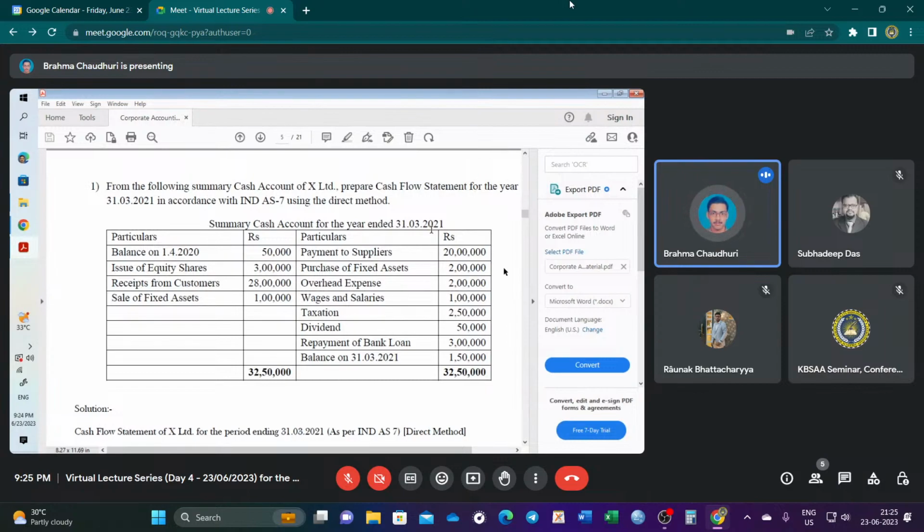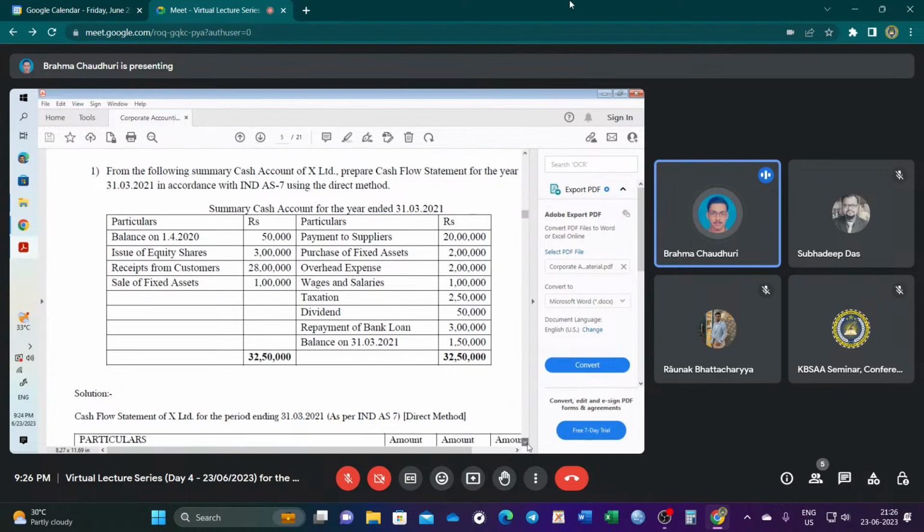Wages and salaries paid, again day-to-day operating activities. Taxation paid, again day-to-day operating activities. So these are all cash outflows. So we have identified the cash inflow, receipts from customers, and the cash outflows, payment to suppliers, overhead expense, wages and salaries, and taxation. So first of all, we will prepare this cash flow from operating activities.